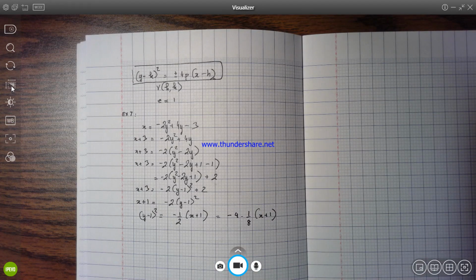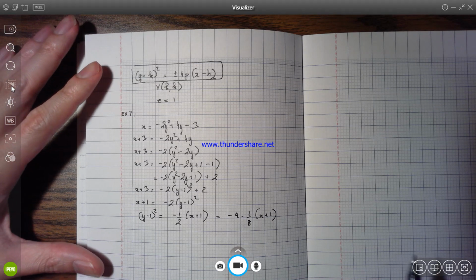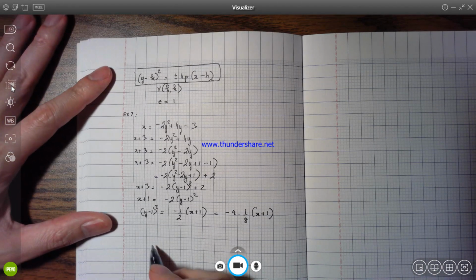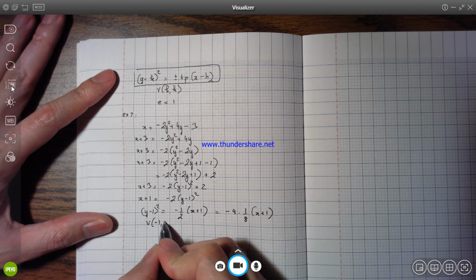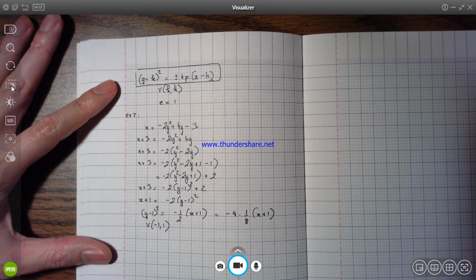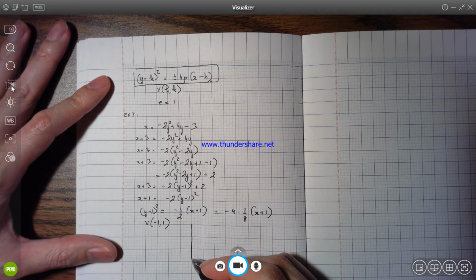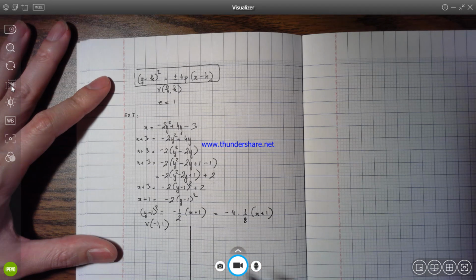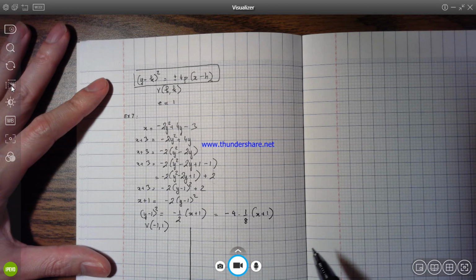Alright, so from here I can get the vertex. So the vertex will be -1 and 1, right? -1 and 1. Then we can sketch it so that we can write the coordinates for the focus and the directrix.